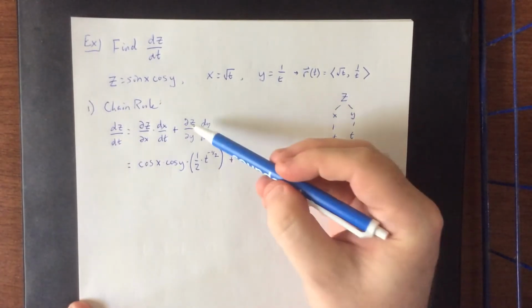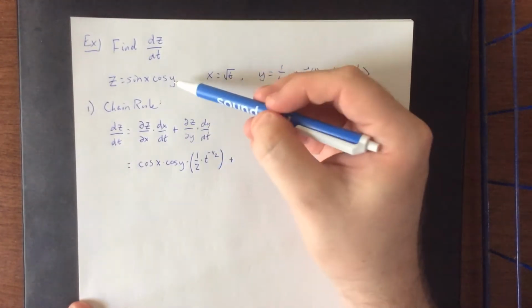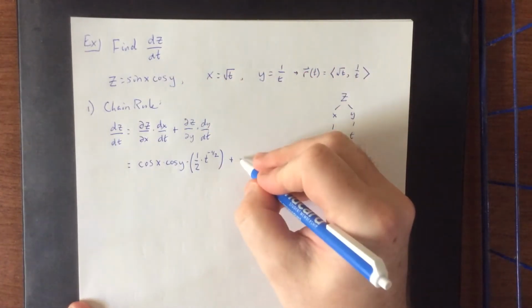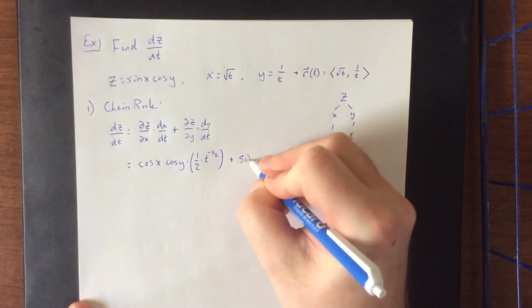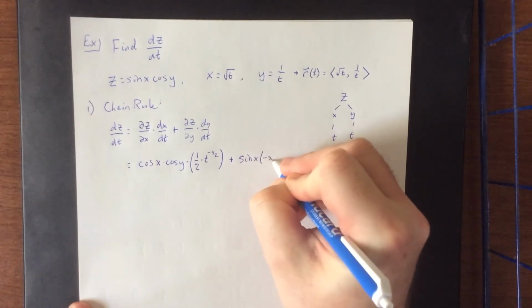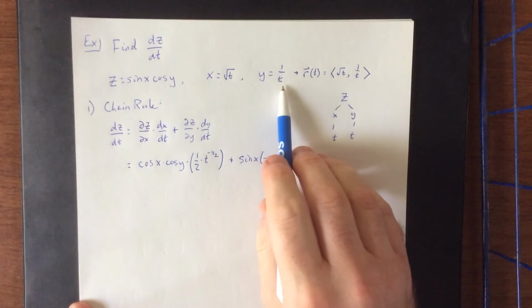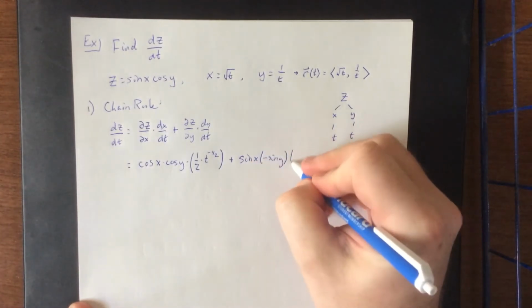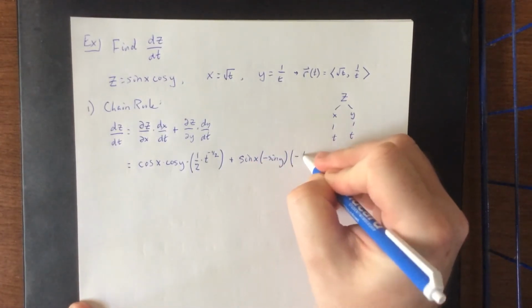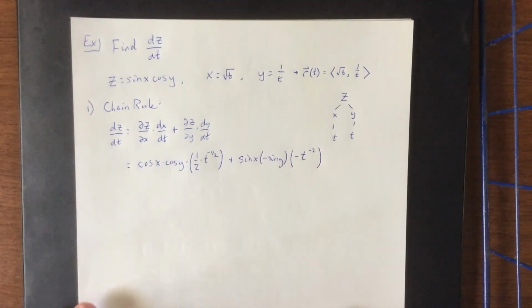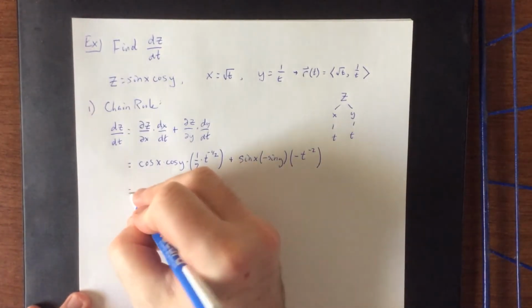Plus partial of z with respect to y, this time we'll be treating cosine of y as though it's our variable and treating sine of x as though it's a constant. So that'll be sine of x times the negative sine of y times the derivative of y with respect to t. We'll call that t to the negative 1 power and apply the power rule. Negative t to the negative 2 power. So the individual derivatives aren't too tricky.